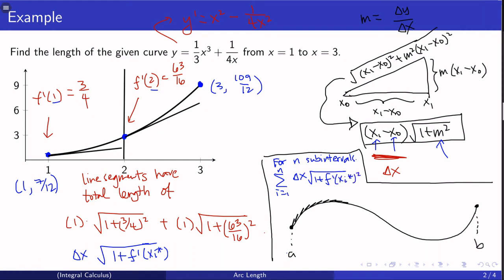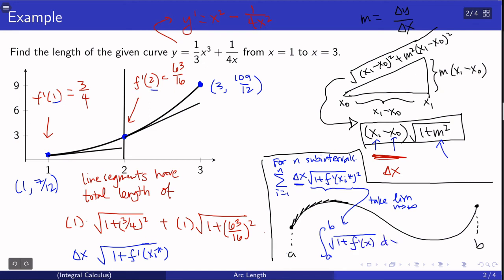Which means when I take the limit as n goes to infinity, what I'm going to get here is now the integral from a to b of, so what's the function here? This is the function with xi star in it. Delta x becomes your dx on the right.